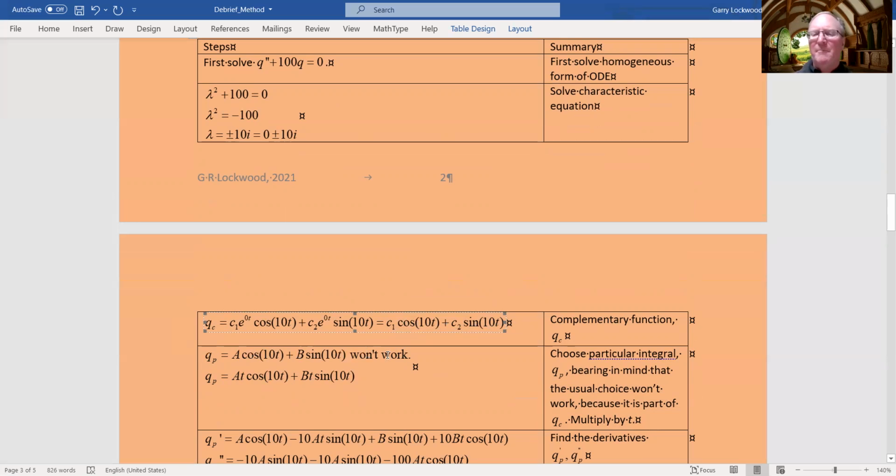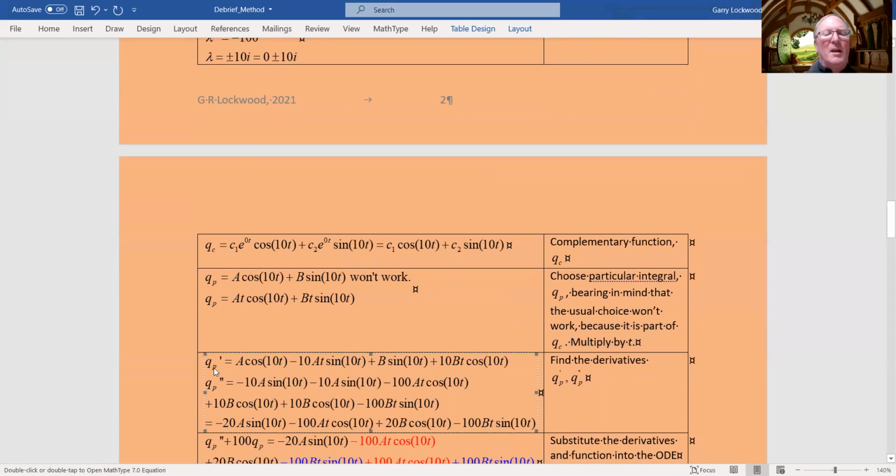Again, you'll need to study that topic to know why that is true, but it won't work because those two terms there are the same as these terms up here. And so the solution is to multiply by t, and then it will probably work. And if it doesn't work, multiply by t again. But again, you will study that in due course.